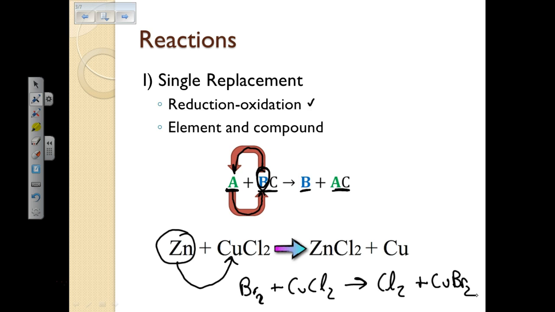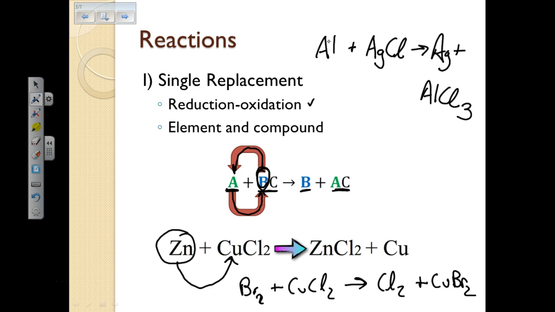The other thing to keep in mind is that all rules for writing reactions or writing compounds apply. So if we have a single replacement reaction where we're doing aluminum plus, let's say, AgCl, well, we get Ag alone because that's silver, but what we don't get is AlCl, we get AlCl3 because aluminum forms a +3 charge, and so we have to do this.